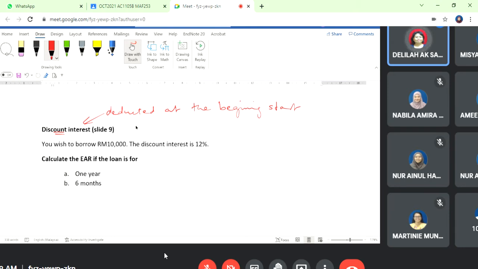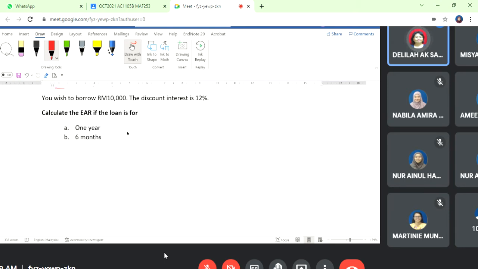Okay, so you will find that the amount of money that you receive on the loan is obviously going to be less. So you want to borrow 10,000. Okay. Now in a 12 months loan, here, the calculation of the EAR is the same. It is the interest divided by the amount received. Still the same.